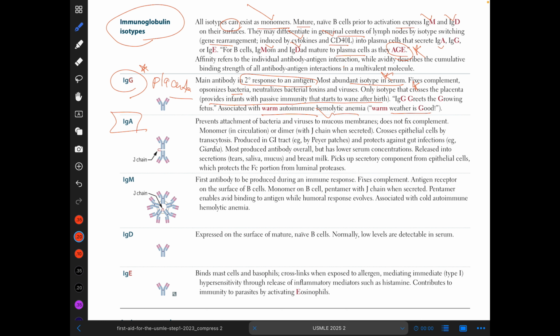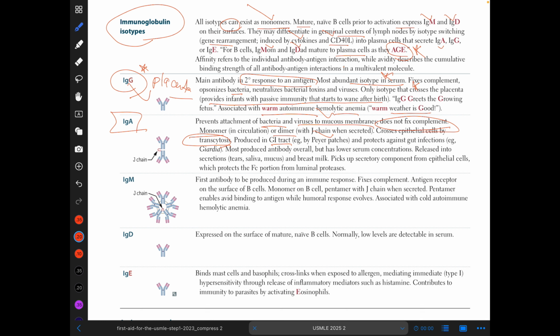And then IgA. IgA prevents the attachment of bacteria and viruses to the mucous membrane, preventing destruction of normal structure, and does not fix complement. Complement is fixed by IgG. It's a monomer in circulation or a dimer with the J chain when secreted, and it crosses epithelial cells by transcytosis. It is produced in the GI tract by Peyer's patches and protects against gut infections.